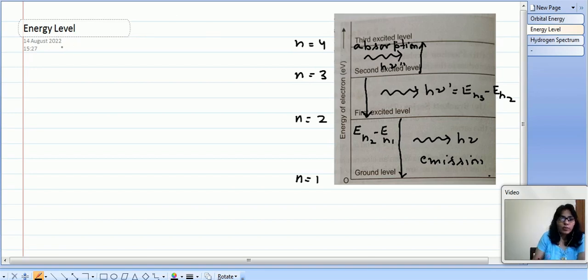So let us calculate that. Let us say the electron is jumping from energy level n2 to energy level n1, and that will be h nu. So what will be this value?